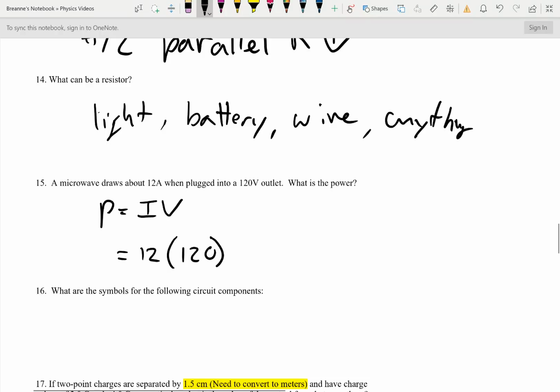We plug that in, 12 times 120, and our P equals 1,440 watts. When we do our givens, don't forget that we have givens. That would be our I, that would be our V, and we're looking for our P.